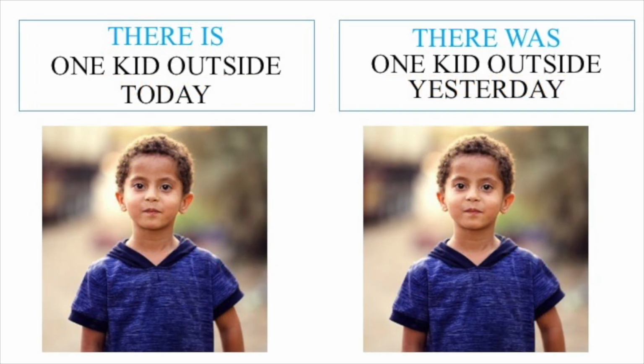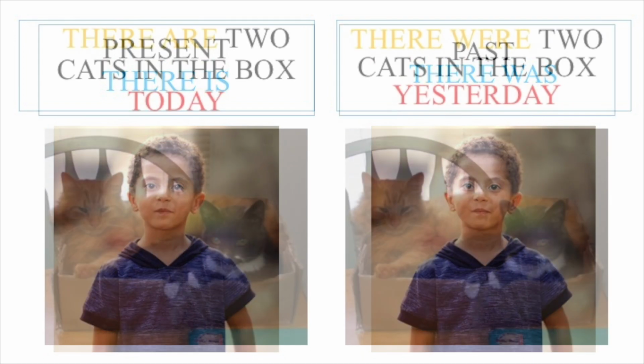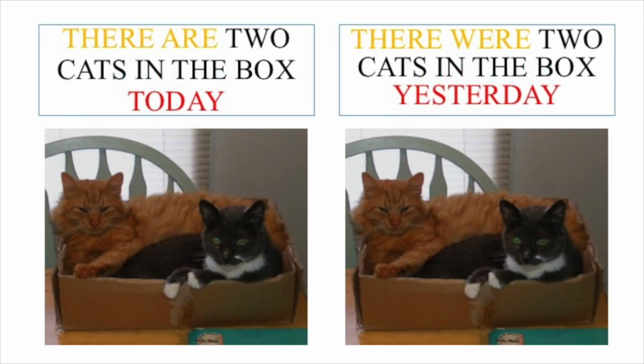Now, we've got one kid. There is one kid outside today. In the past, there was one kid outside yesterday. There is, for the present, there was, for the past.